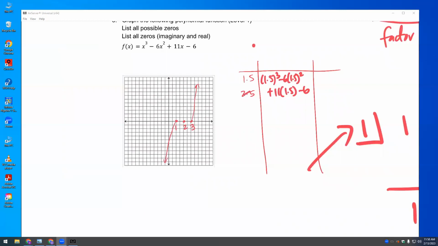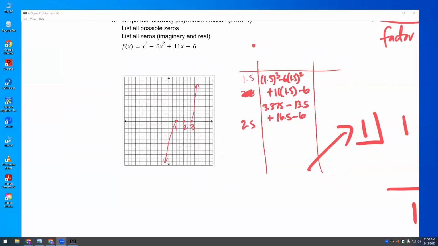Make sure you have your calculator and know how to use it. 1.5 to the third power is 3.375, minus 1.5 squared, which is 2.25, times 6 is 13.5, plus 11 times 1.5 is 16.5, minus 6.